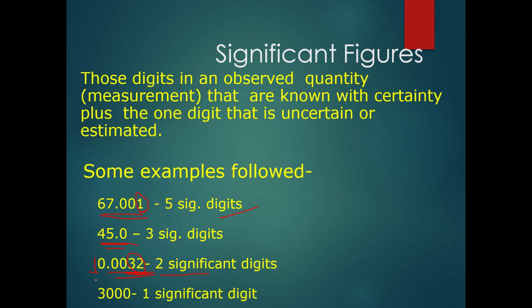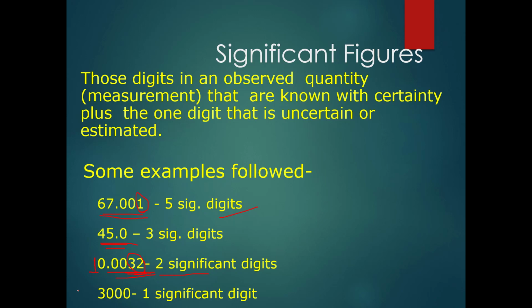Next, we have one more reading, that is 3000. In 3000, you see, only 3 is successfully measured. You assume there is a huge audience in a hall. Roughly you are saying that there are 3000 audience, 3000 viewers have come to watch the show.